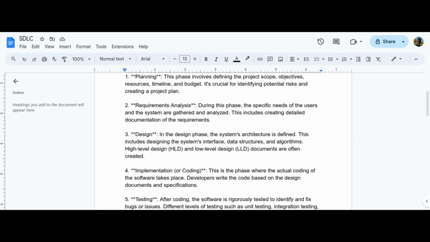This phase includes details such as system design, meaning what will be the design of the sign up page, sign in page, product page, cart page, checkout page, product description page. Each and everything is in the design phase.